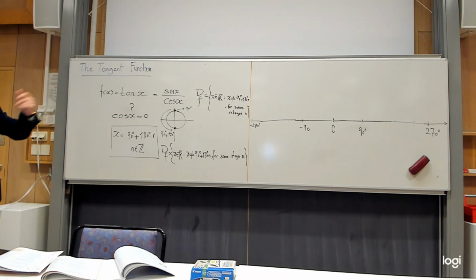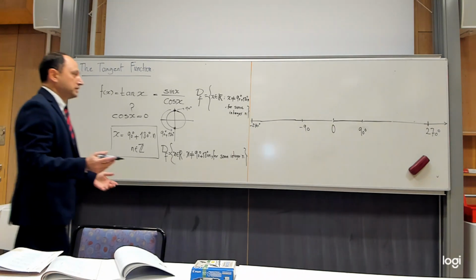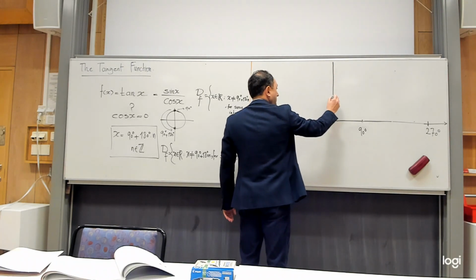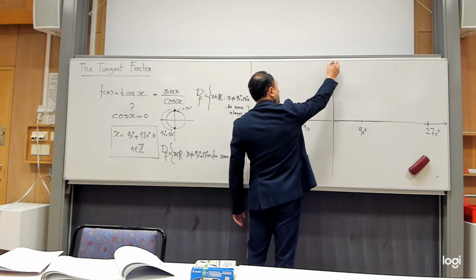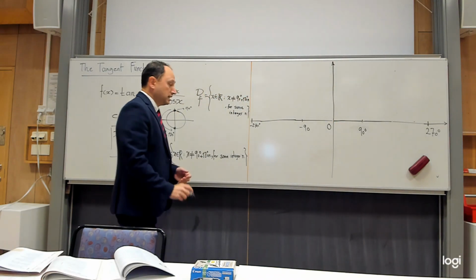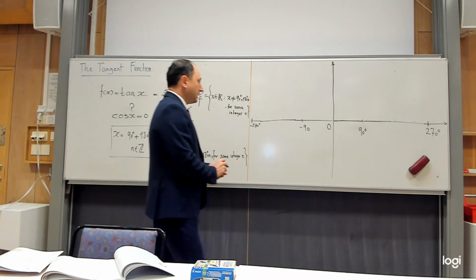Okay, but what I want to do now is draw something. This is something, of course, you will study later if you want to understand it better. But here, what I want you to understand is this.